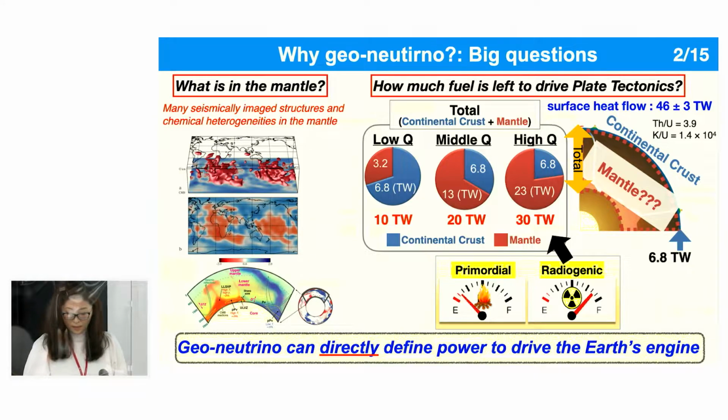We know the continental crust slightly better because we can reach it and there are many ways to study it. In comparison, the mantle still has lots of mystery. So the geoneutrino is very useful, because it can directly define the power to drive the Earth's engine.